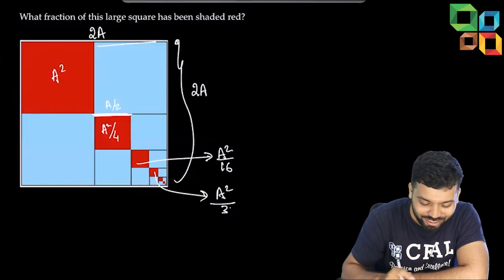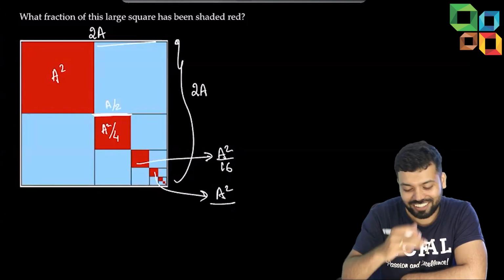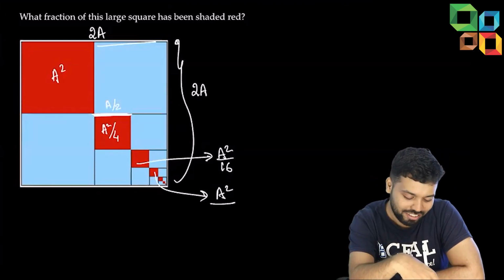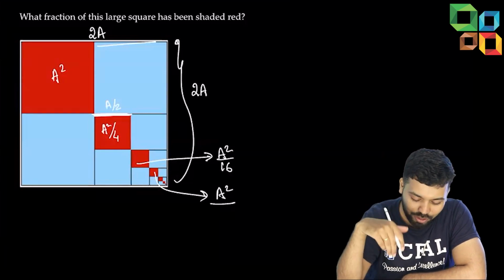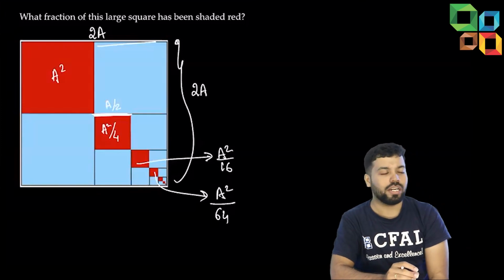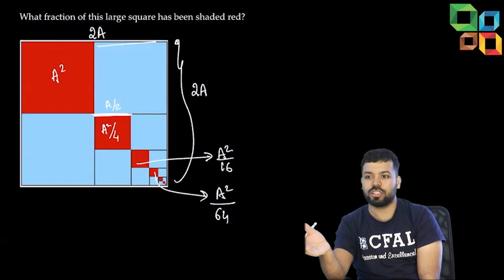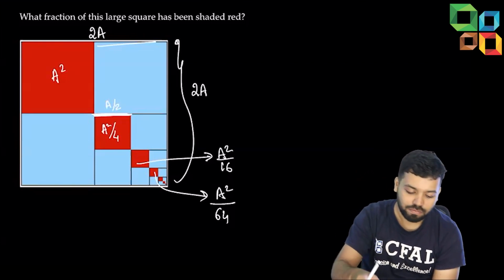I wanted to write 32, but it is not 32. It is 64, because we are reducing the length by half and the area reduces by 4 every time.